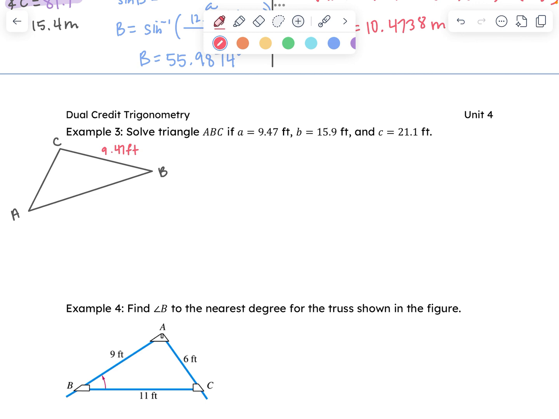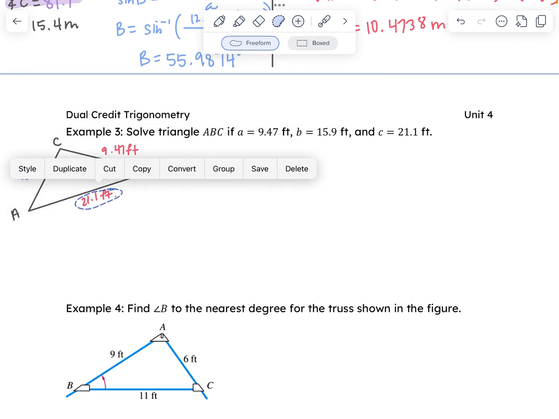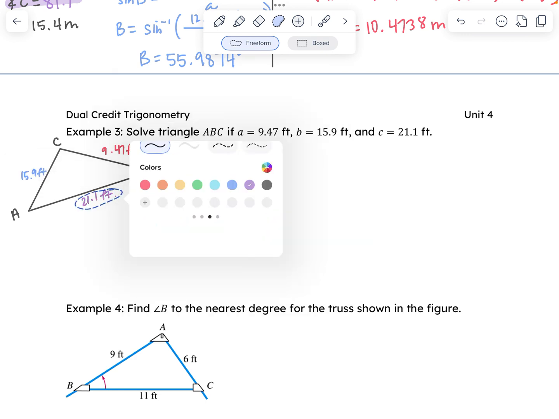Side B is 15.9 feet. And side C is 21.1 feet. Let's do B in blue, and we'll do C in purple.